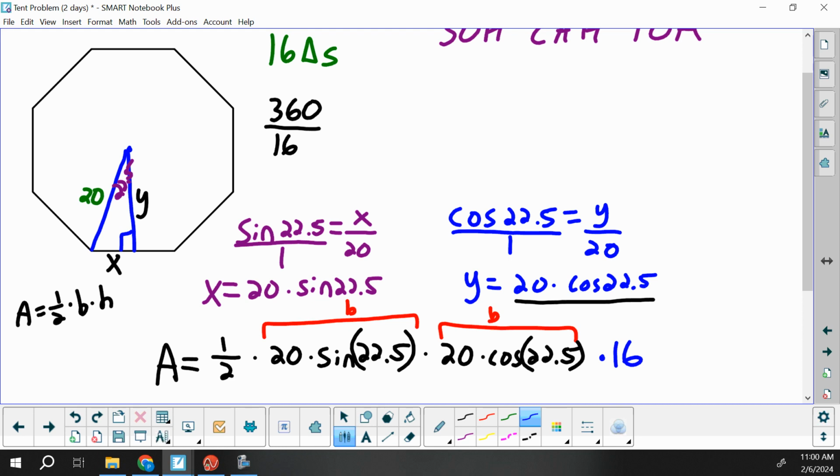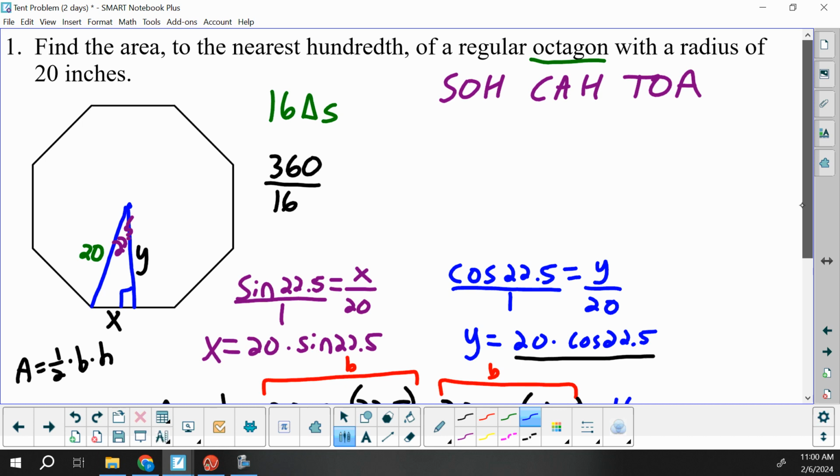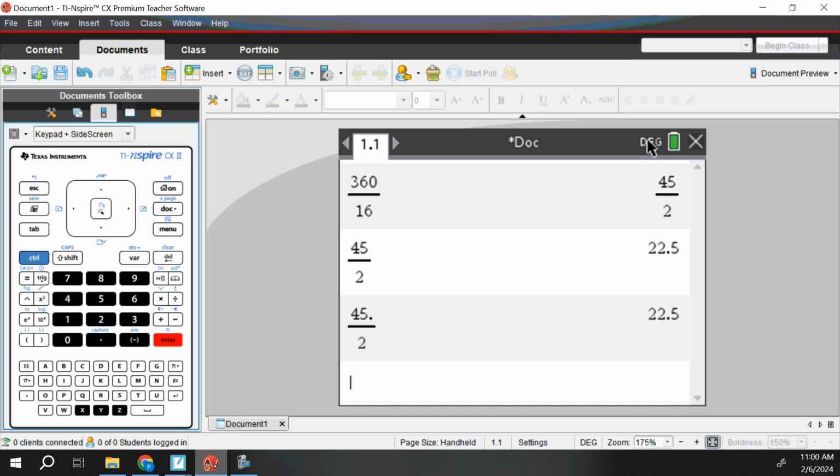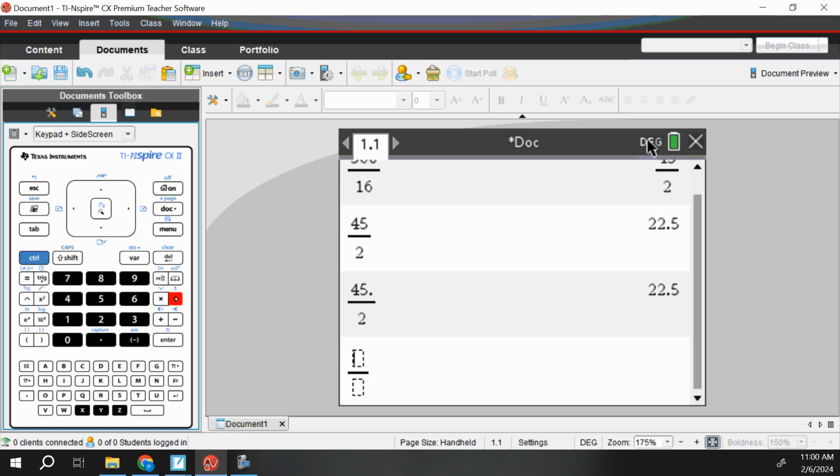So let's go over to the calculator and we'll type this all in. Note in the question, we're going to be rounding to the nearest hundredth in the long run. So if we go over to the calculator, I'm going to do Control Divide to get my half. Hit the right arrow to get out of the fraction. Then we'll have 20 times, hit the trig button to get sine.